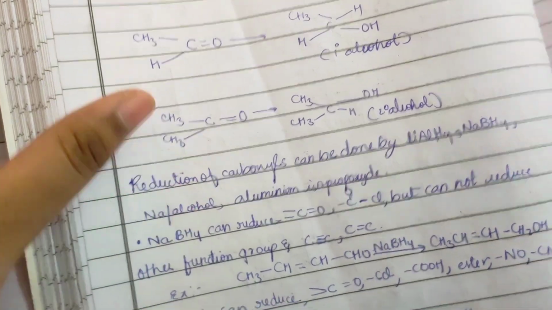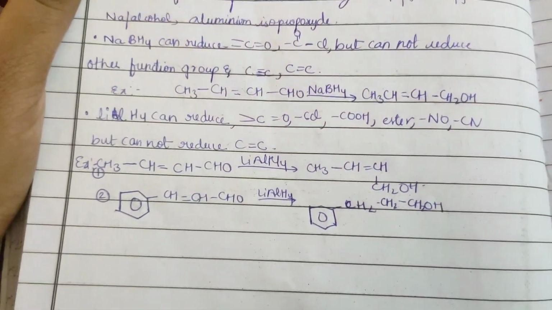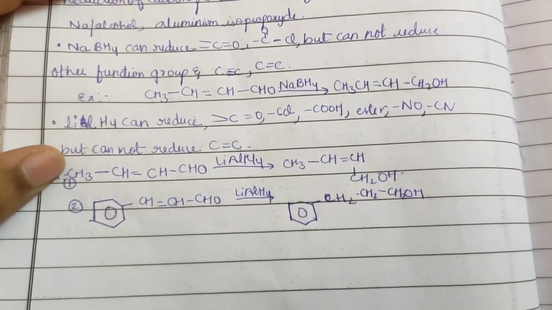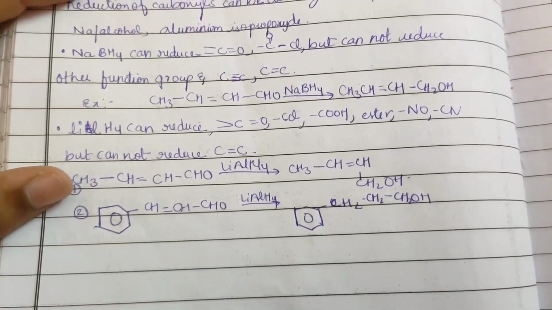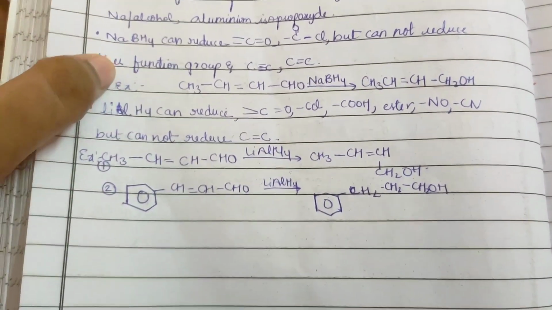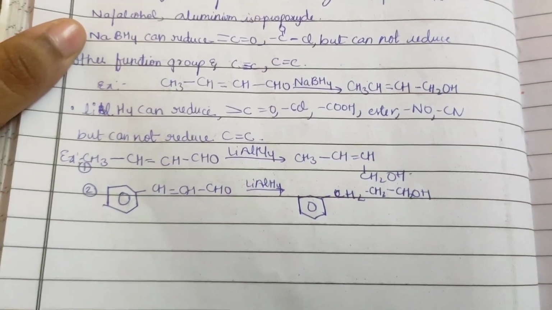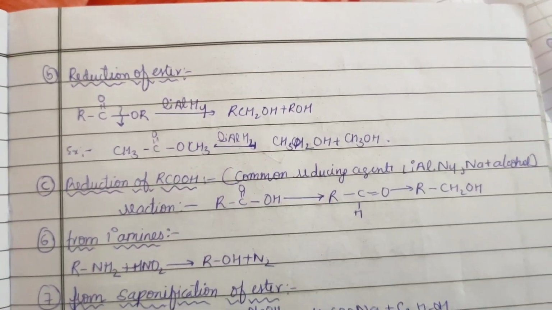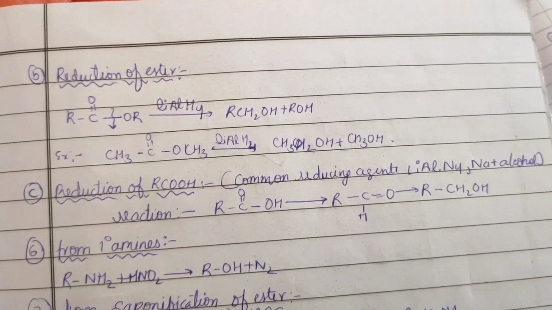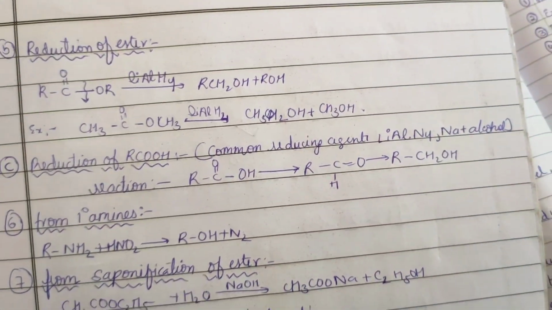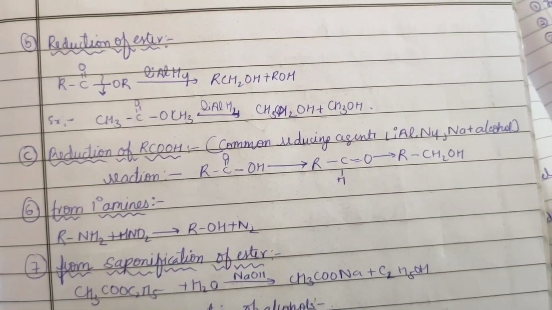Now in the example here you can see there are two examples. First is this, both LiAlH4 is used to form the alcohol as final product. Now let us move on to the next page, which is reduction of ester. Here in reduction of esters, you can see the examples. Then the reduction of RCOOH, with common reducing agents like LiAlH4, Na plus alcohol.